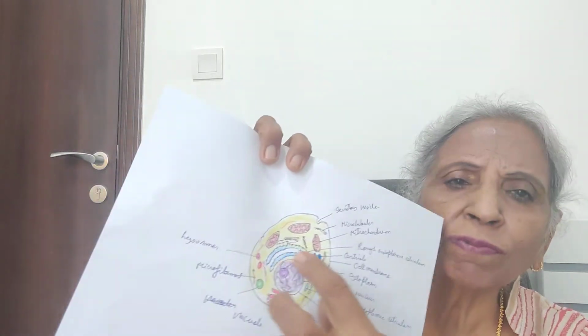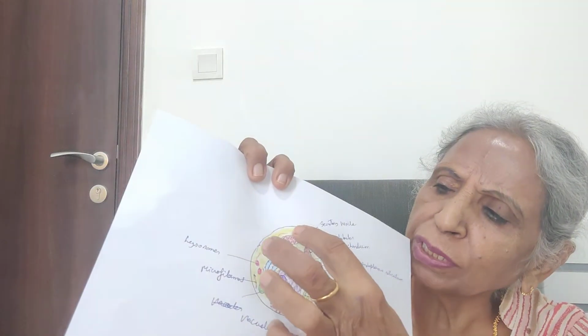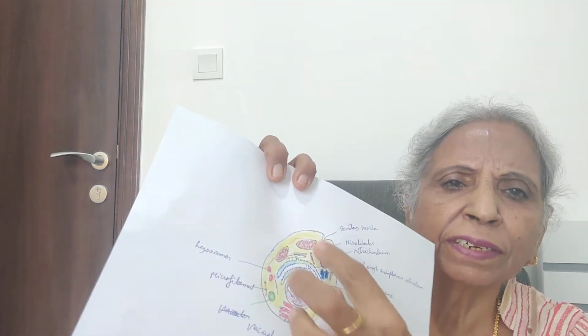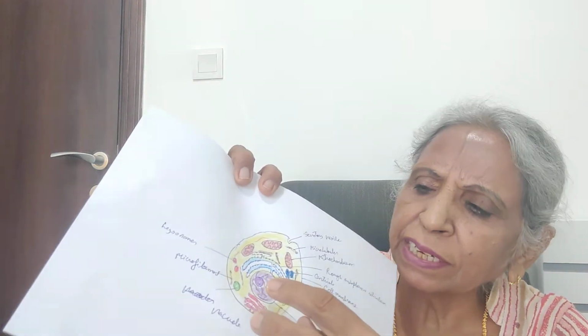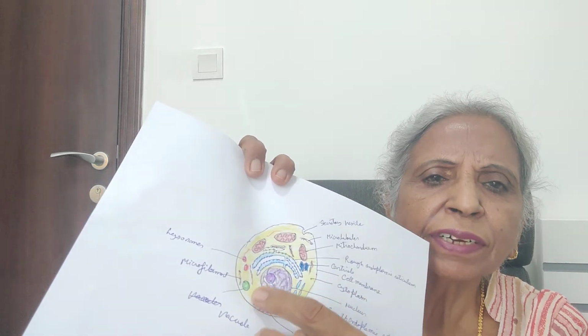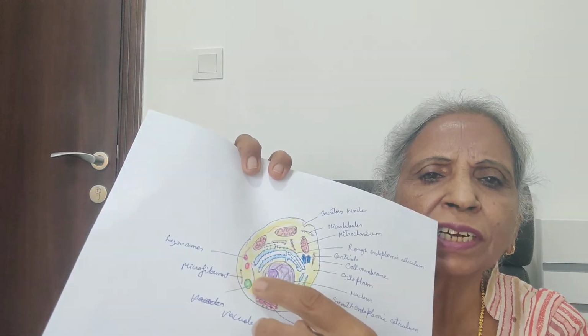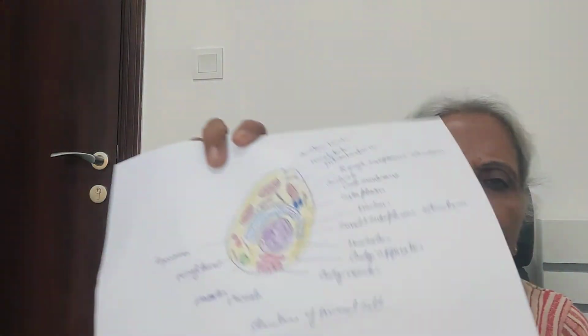Number 1, this blue one which I have drawn, the endoplasmic reticulum. Number 2, these orange color ones are mitochondria. Then in the center is the nucleus. Near the nucleus are sac-like structures which are called the Golgi bodies. Then there are also some tubule-like structures which are called microtubules.